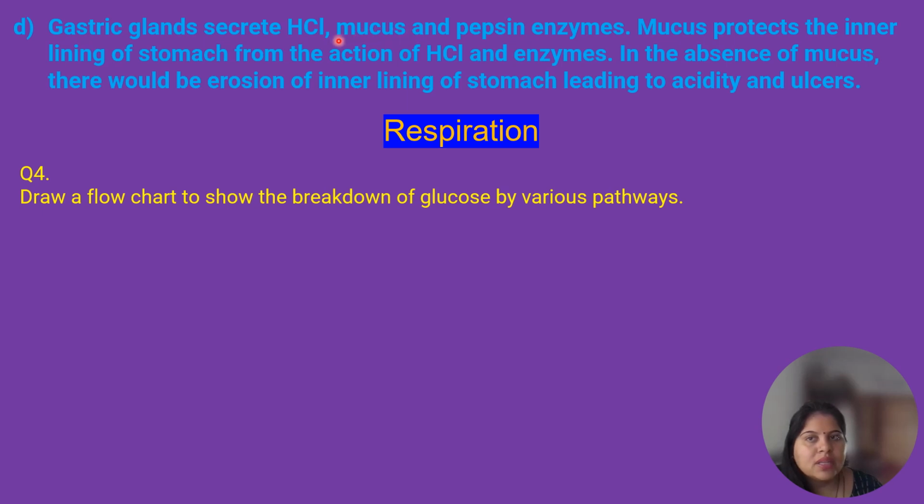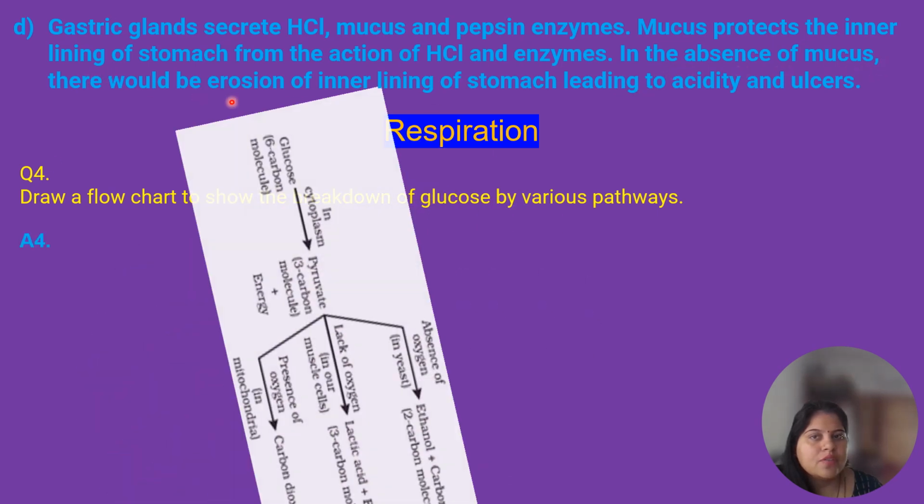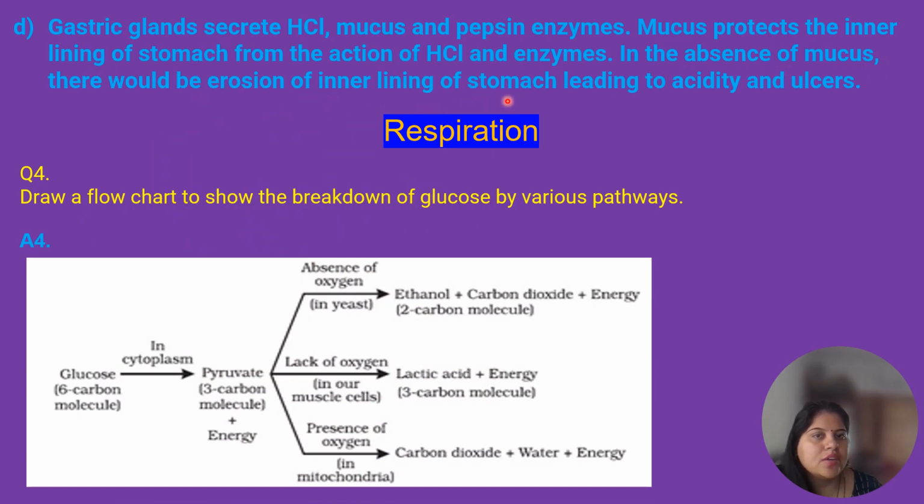So to protect the inner lining of the stomach, mucus is responsible. In the absence of mucus, there would be erosion of the inner lining of the stomach, leading to acidity and ulcer.